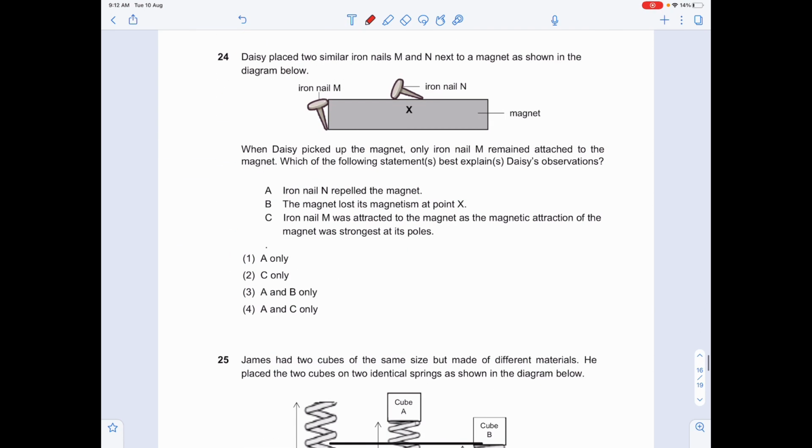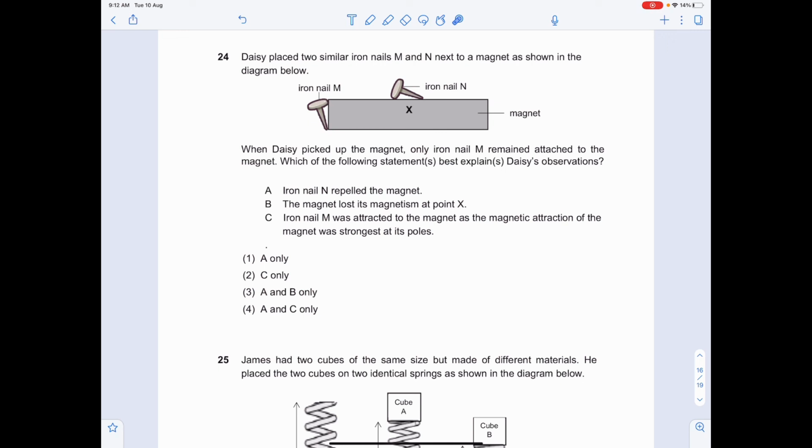24. Daisy placed two similar iron nails M and N next to a magnet as shown in the diagram. When Daisy picked up the magnet, only iron nail M remained attached to the magnet. Which of the following statements best explains Daisy's observation? Take a look at this question.